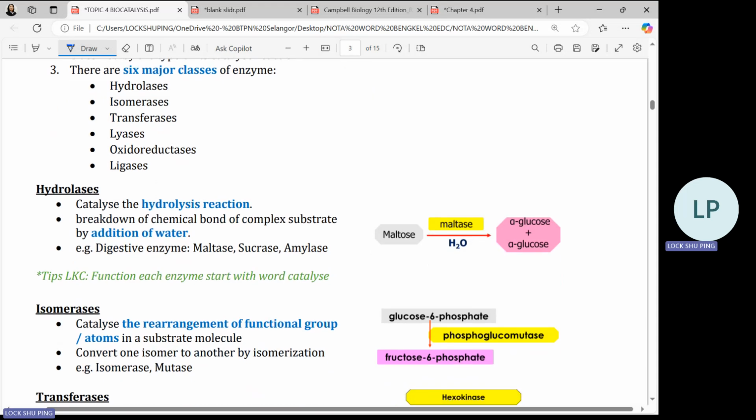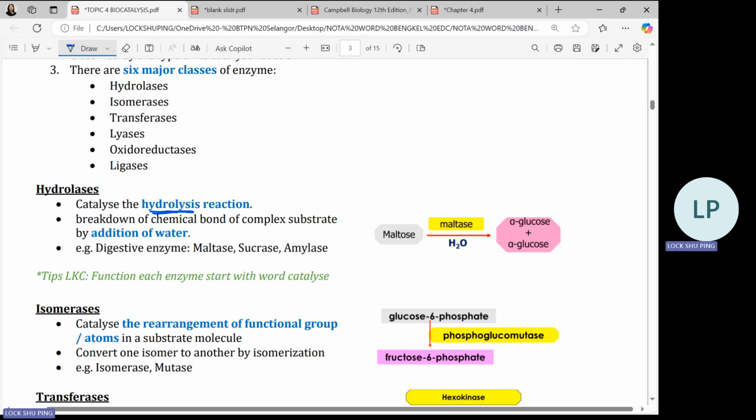Hydrolase is a class of enzyme that speeds up the hydrolysis reaction. Hydrolysis is a process that breaks down covalent bonds by adding water. We have a lot of enzymes found in the digestive system that are categorized under the hydrolase.